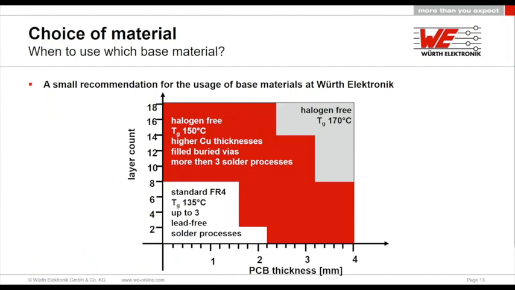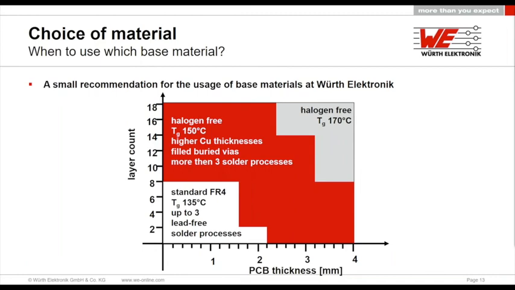Which base material should be used? Well, there is a small recommendation given by us. It's always good to talk to us, but here you can see that for low layer counts and smaller PCB thicknesses, a standard TG135 is often okay to be used if your application does not demand a higher temperature.